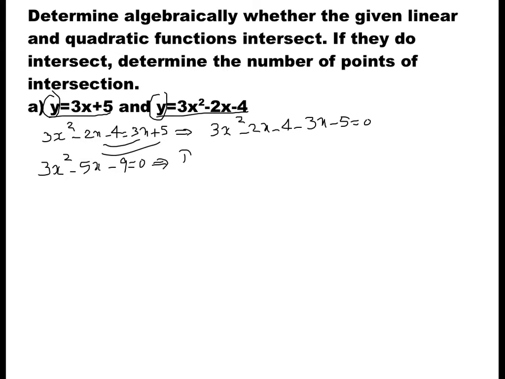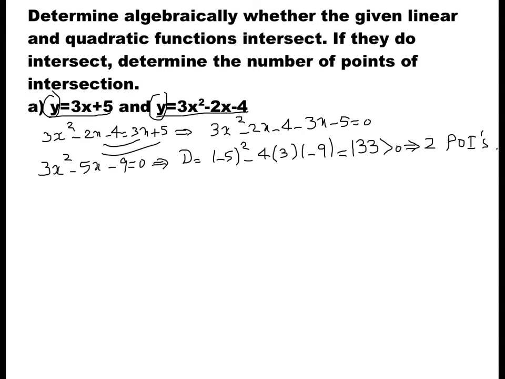The discriminant here is b squared, which is negative 5 squared, minus 4ac, which is negative 4 times 3 times negative 9. If you simplify this one, then you are going to get 133, which is greater than 0, so this means that there are 2 points of intersection.